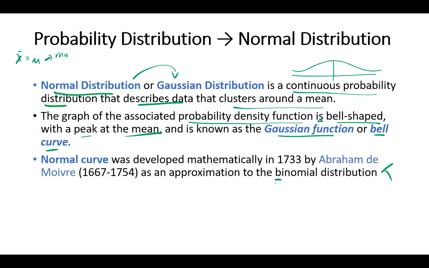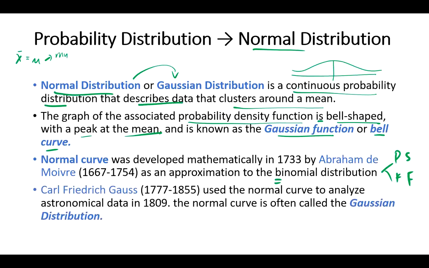Kaya nga from the word bi, meaning it could be pass or fail, it could be success or failure. Ibig sabihin, kung si normal distribution is influenced by binomial distribution, so may idea tayo that the normal distribution is symmetrical because the center is the mean. Okay, sa latter part ng discussion natin, mas makikilala pa natin si normal distribution.